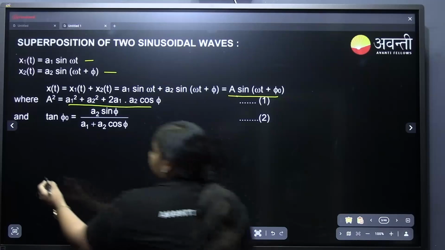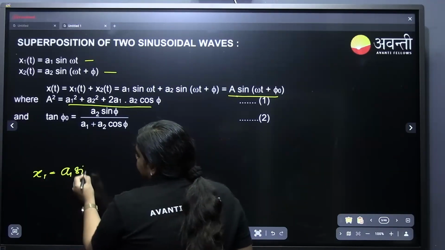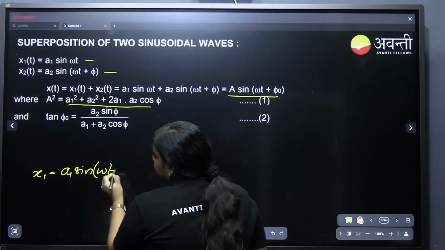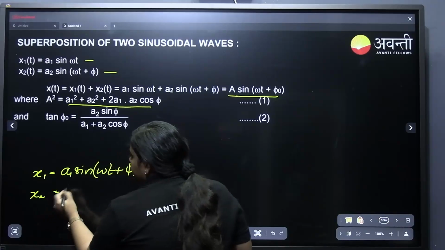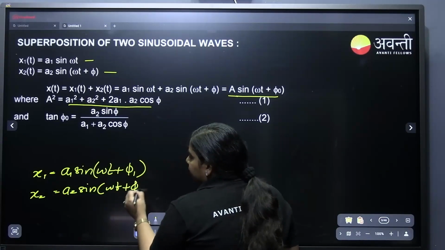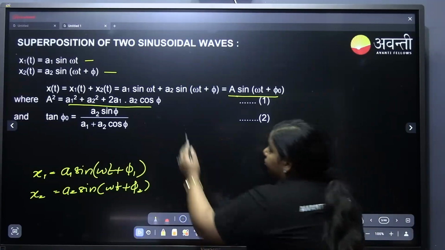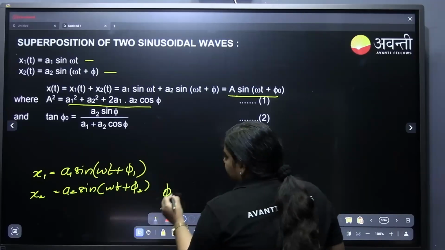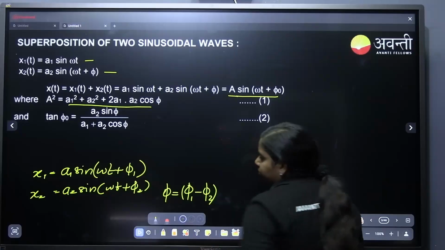Just in case x1 is equal to a1 sin(omega t plus phi 1) and x2 is equal to a2 sin(omega t plus phi 2), here phi will be equal to phi 1 minus phi 2.